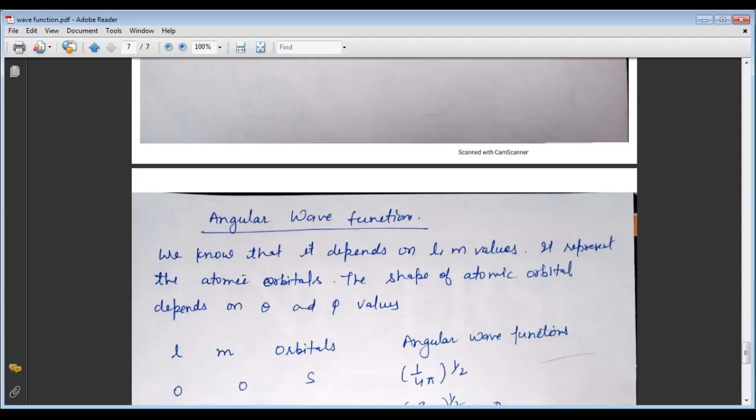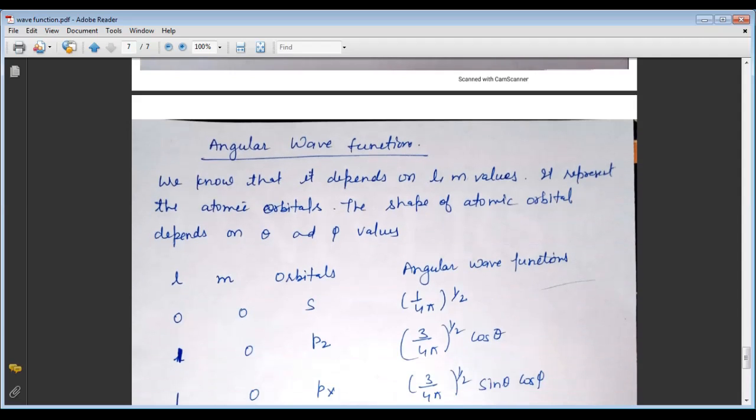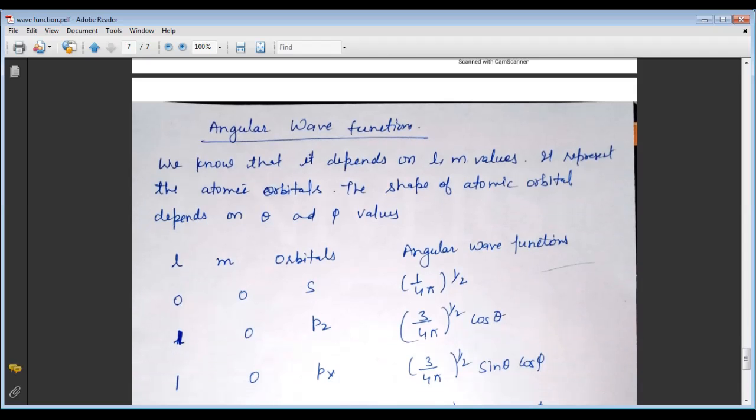Now we come to the angular wave function. We know that the angular wave function depends on the l and m values, so it represents the atomic orbitals.